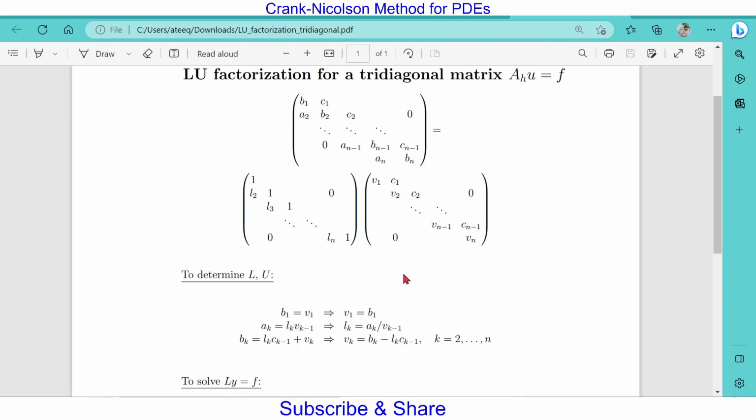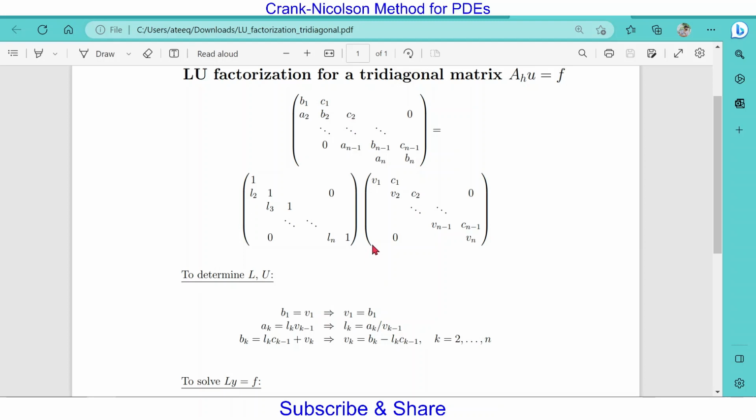Now observe carefully the values in these L and U matrices that will be different from the given A matrix: these L values, L2, L3 up to Ln, and these V values, because these C values are already present in the A matrix and these are just the ones.